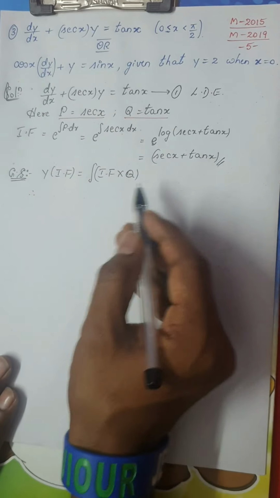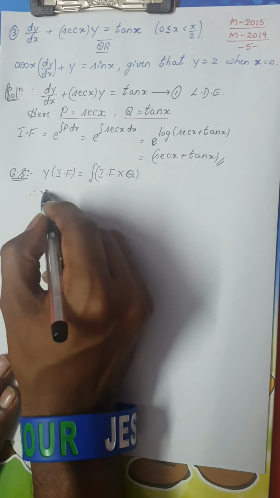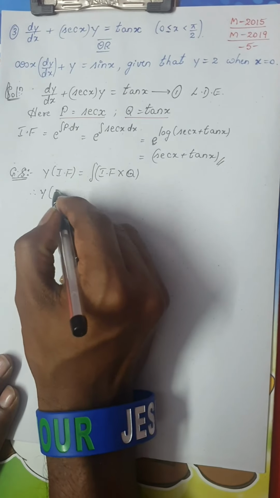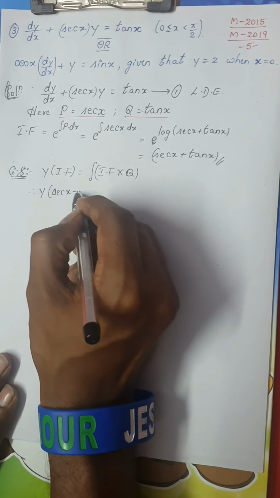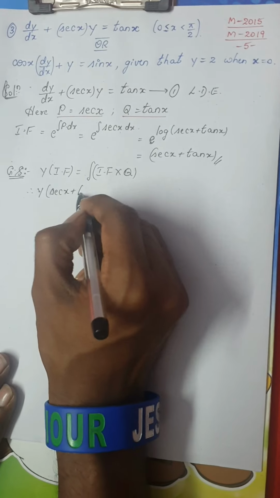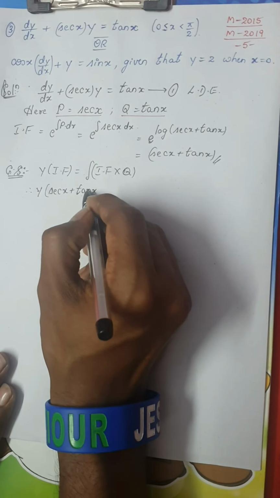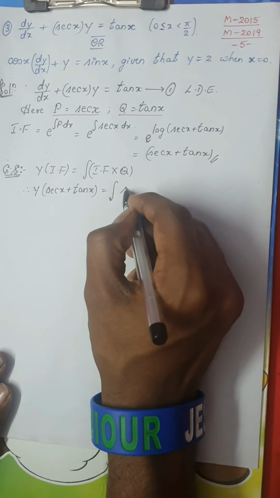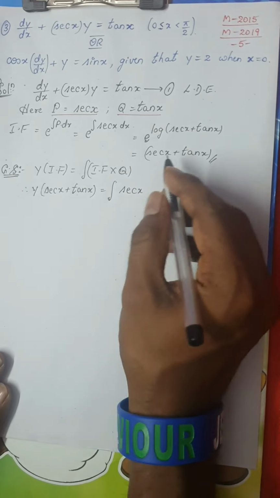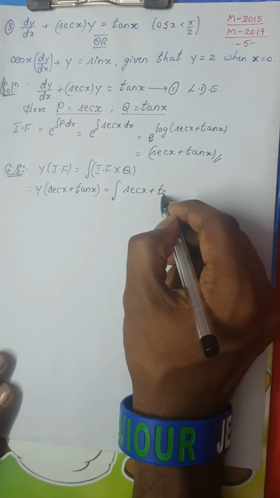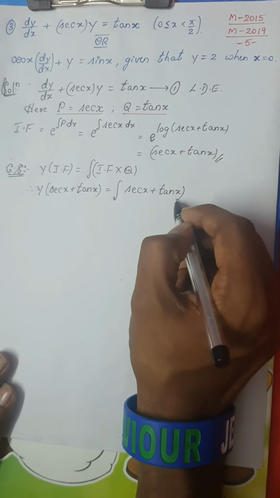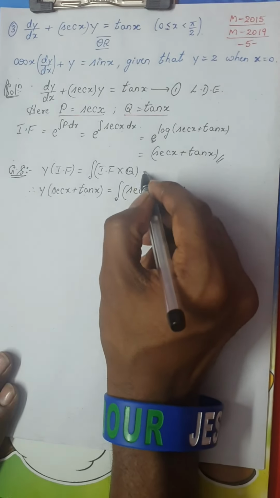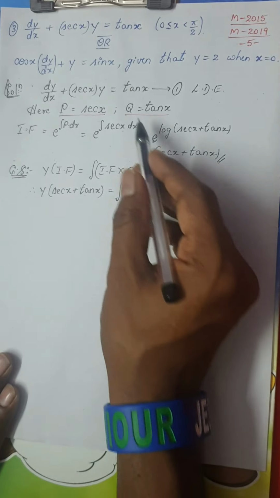We'll write it at the last. So y into integrating factor, which is secant x plus tan x, is nothing but the integral of, again I'm writing down the integrating factor, secant x plus tan x into what is Q, integrated with respect to x.